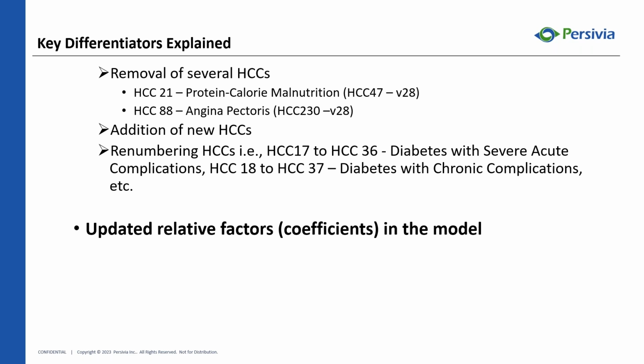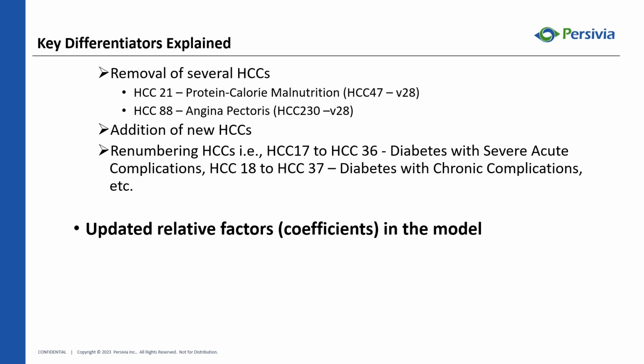We also have HCC 265, which is atherosclerosis of arteries of the extremities, and many more. Then there are a number of new HCCs, such as HCC 51, Addison's and Cushing's disease, HCC 80, Crohn's disease. And again, we will further touch on how the new HCCs are significantly impacted by the model changes.